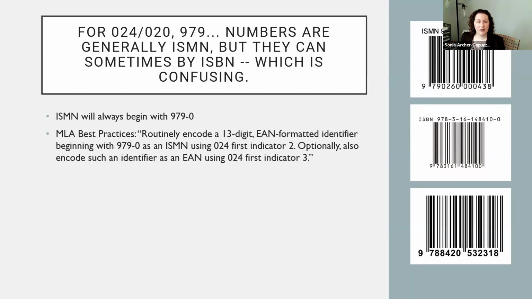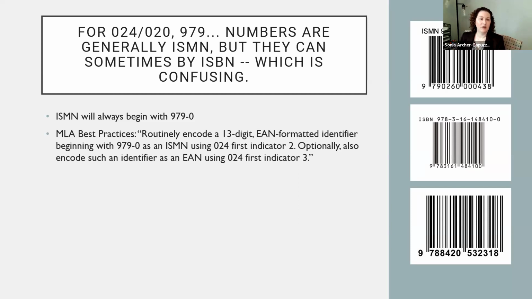So MLA has a best practice saying that we should routinely encode a 13-digit EAN formatted identifier beginning with 9790 as an ISMN in the 024.